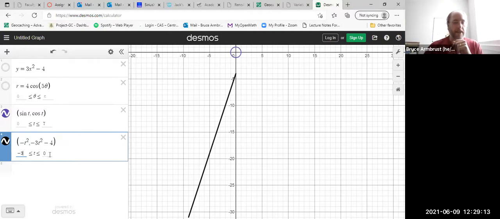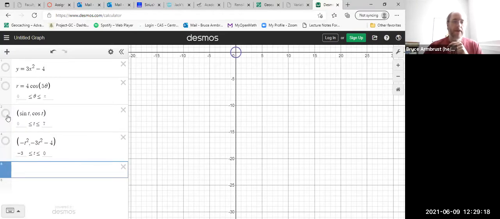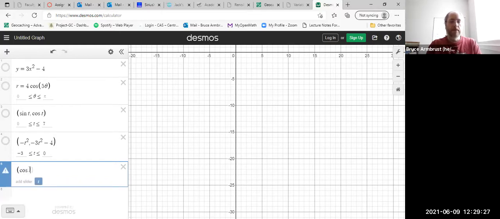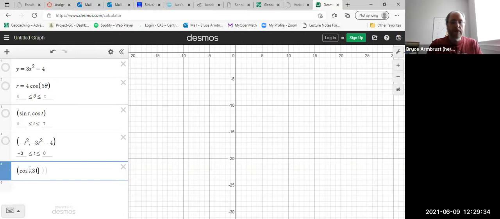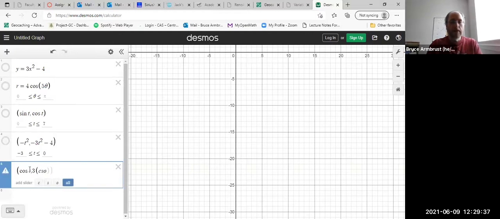Like here's another one. Let's do the same line, but this time, let's turn it off. Instead of x being equal to t, let's say x was equal to cosine of t. So then y would equal 3 cosine t squared minus 4. Oops, how about I type it properly?